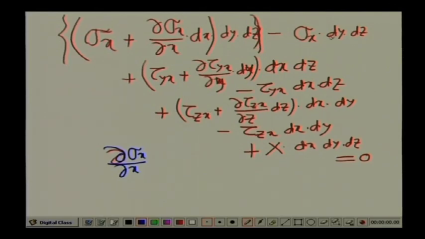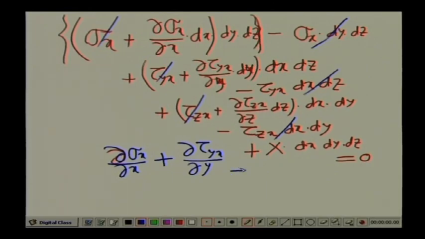If we cancel out these terms and divide the whole equation by dx dy dz, we have del sigma x del x plus del tau yx by del y plus del tau xz by del z plus x is equal to 0, where x is the component of the body force.